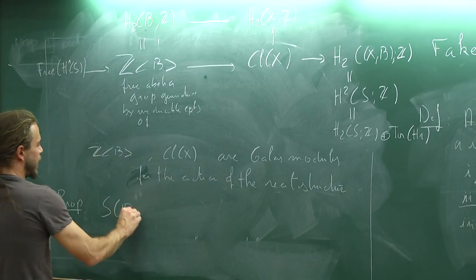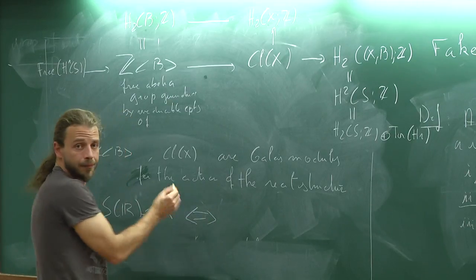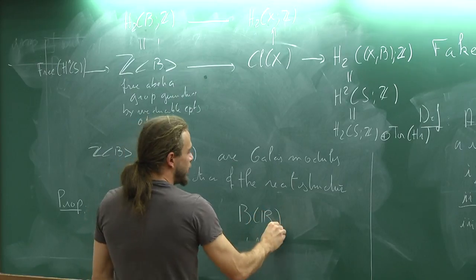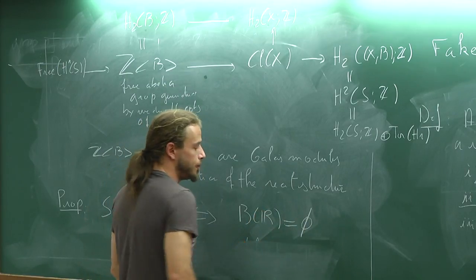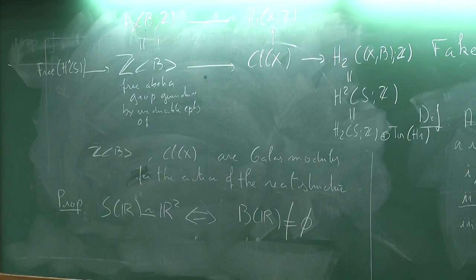S(R) is R2 if and only if the real locus of the boundary is non-empty. This is important. I'm starting from a projective surface and removing a boundary, but if I'm not removing any real point, the set of real points of S will be the same as the one of X, and it will be compact. So at least I have to remove something.